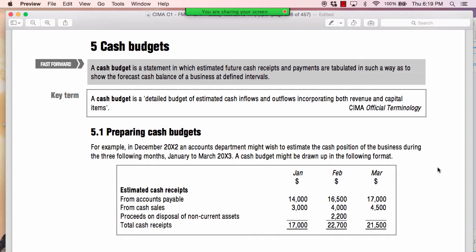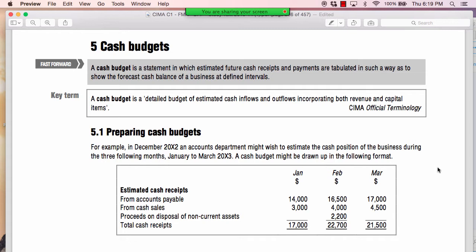Then you will say labor. Maybe we pay labor at the end of the month, we don't pay in advance, right? Food expenses, maybe we have credit terms with the suppliers and we pay them after 60 days, right?